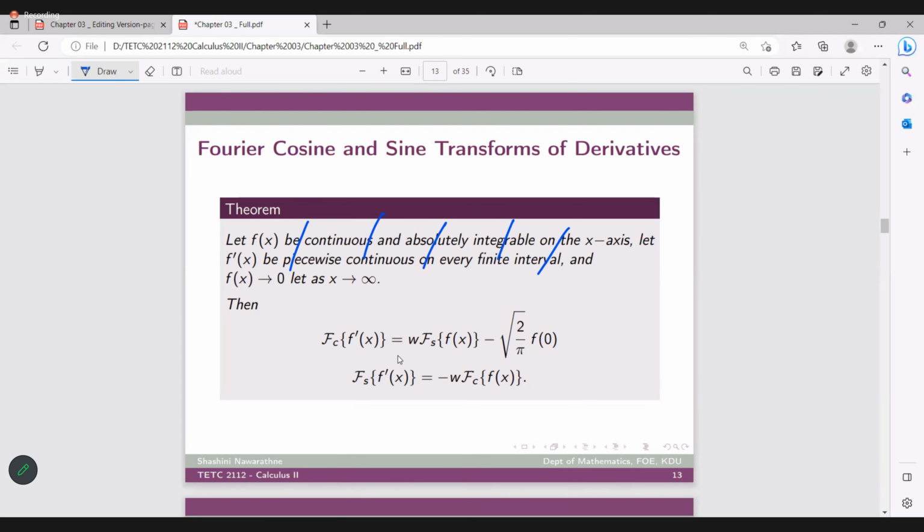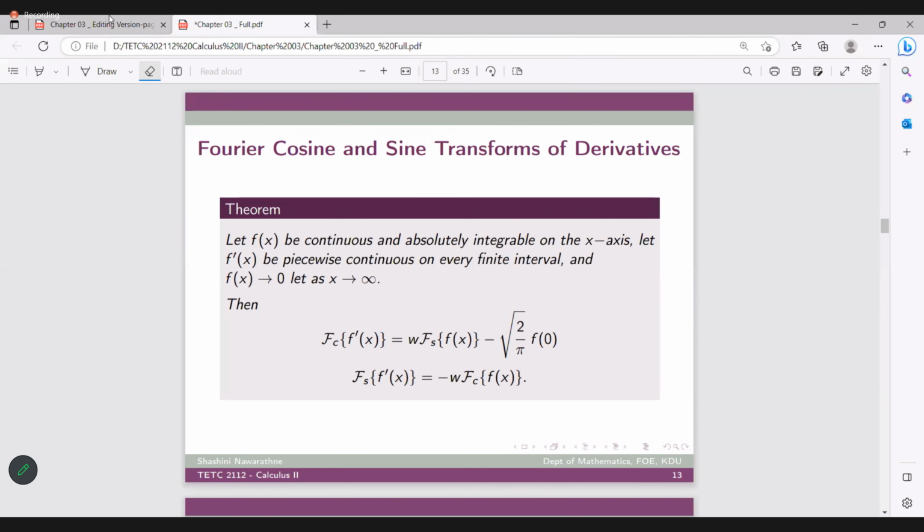Just remember this: we are going to consider a continuous function f of x, and then we are going to find the Fourier cosine and sine transform of its derivative.